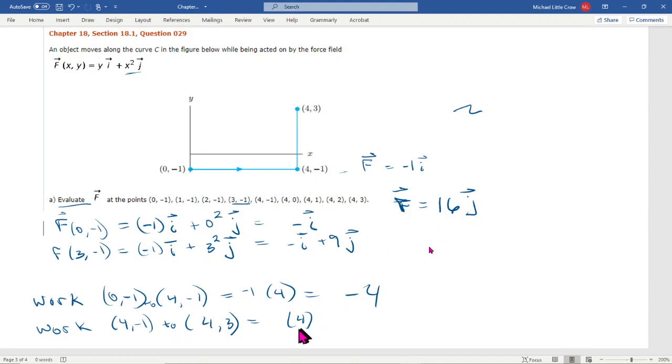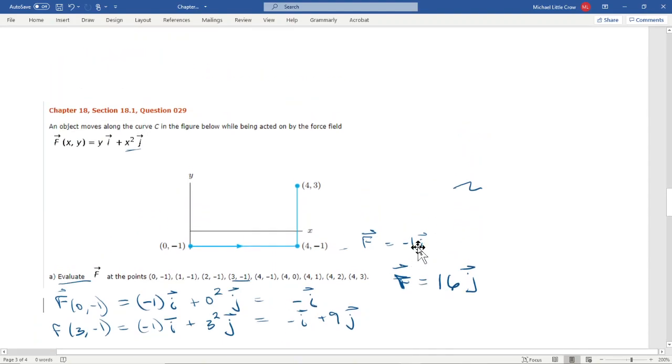And so we're going a length of 4 times a force of 16, and it's an increasing force, and we're going up. So 16 times 4 is 64, and we add these two. This is the total work that's been done, so we add these two together and we get 60. Total work.